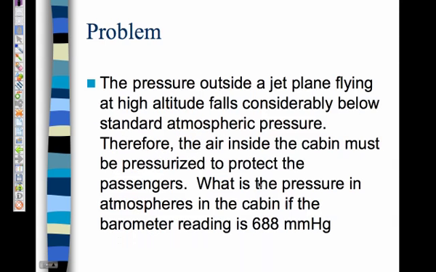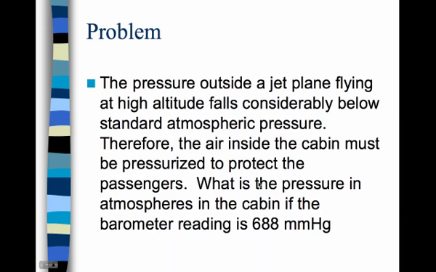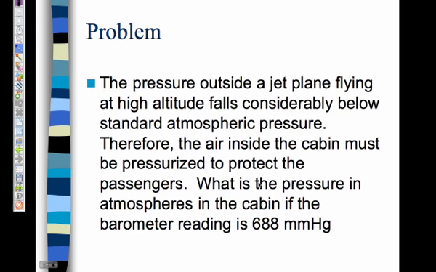Okay, so let's do a conversion here. If the pressure outside of a jet plane flying at high altitude falls considerably below standard atmospheric pressure, the air inside the cabin must be pressurized to protect the passengers. What is the pressure in atmospheres if the barometer reading is 688 millimeters mercury?